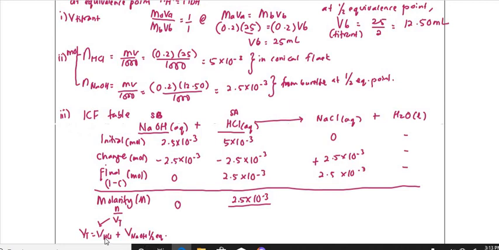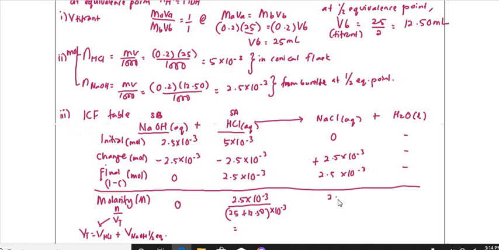Volume HCl adalah volume yang berada pada conical flask, iaitu 25. Volume at half equivalent adalah yang ini 12.5. You tukar menjadi liter. You dapat molarity di sini.